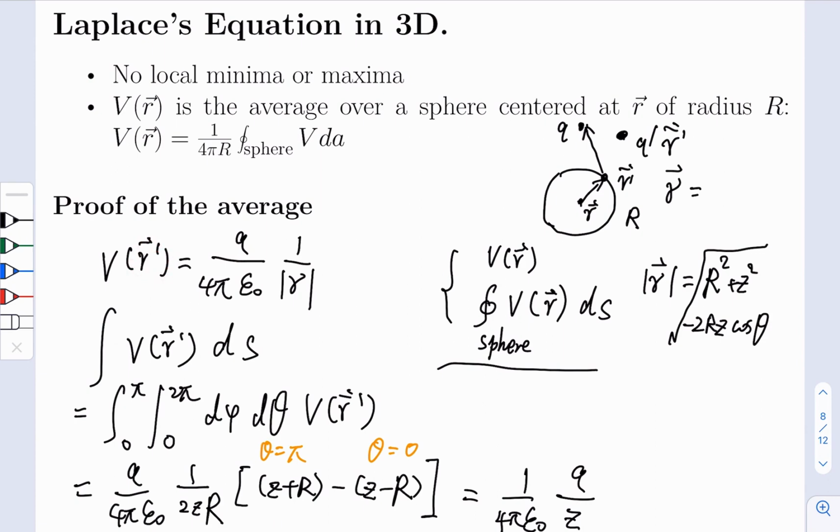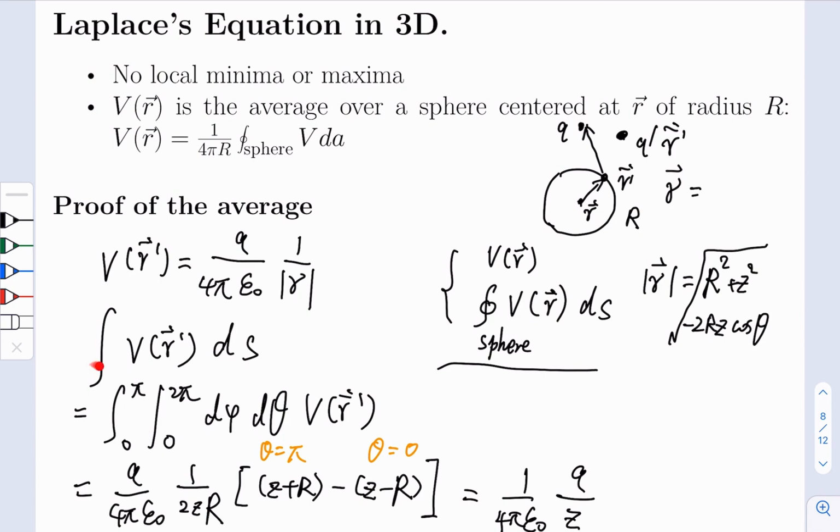This potential can be given by this separation vector, and it can be expressed using the same old law of cosines, in terms of z, r, and the angle in between.